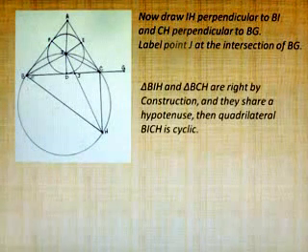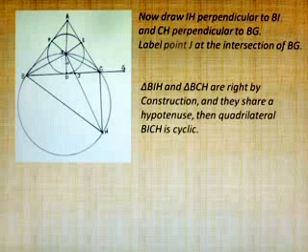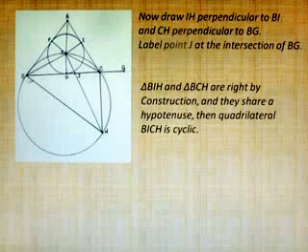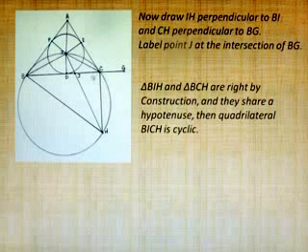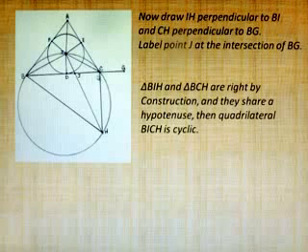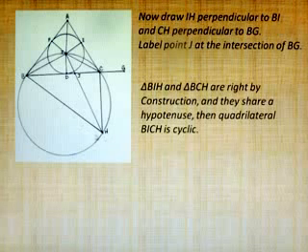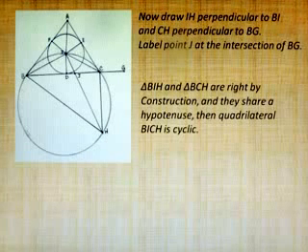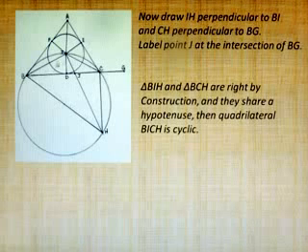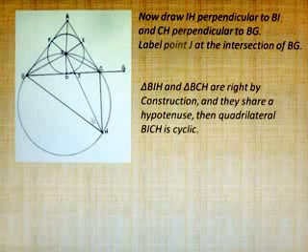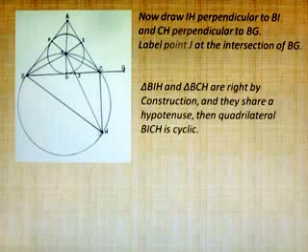Now, BIH is right by construction, and BCH is right by construction. So we have two right angles here, and they share a hypotenuse. Because of that, we can say that this quadrilateral BICH, which is inscribed in half, or the semi-perimeter, of this circle, is cyclic.